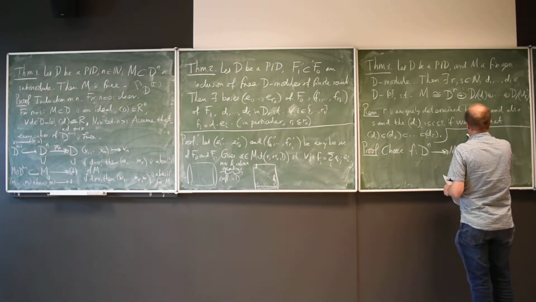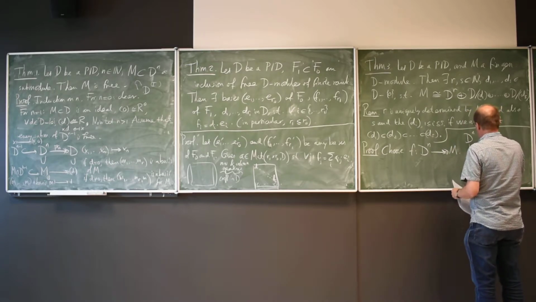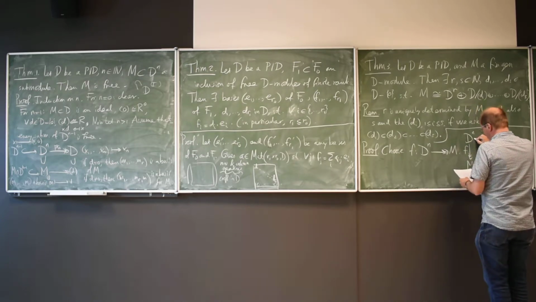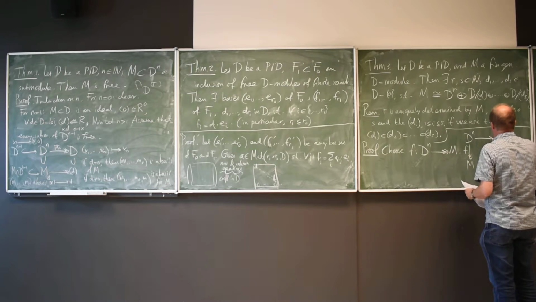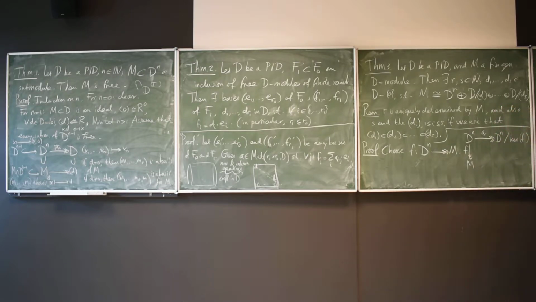We have D^n with this surjective map F to M, but we also have a quotient map to D^n modulo the kernel of F. By what Arno has said in the previous lecture, such a quotient has a universal property.